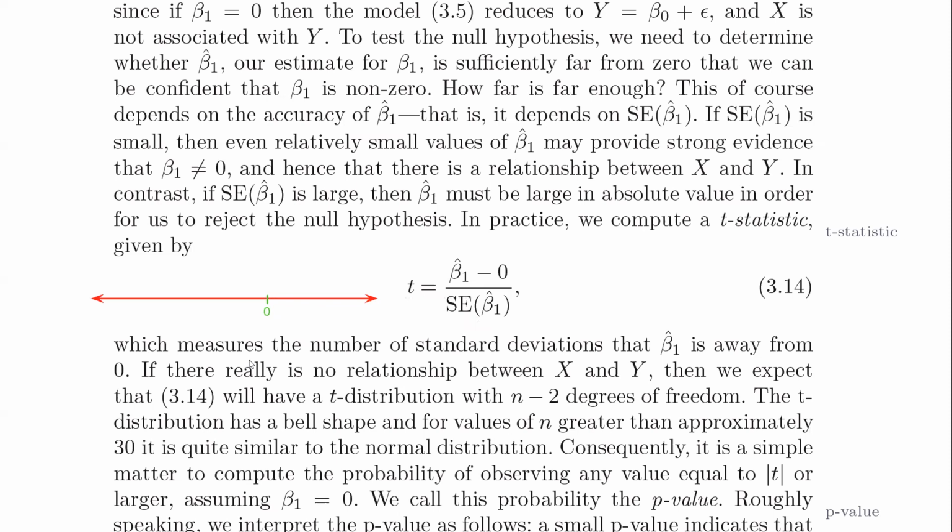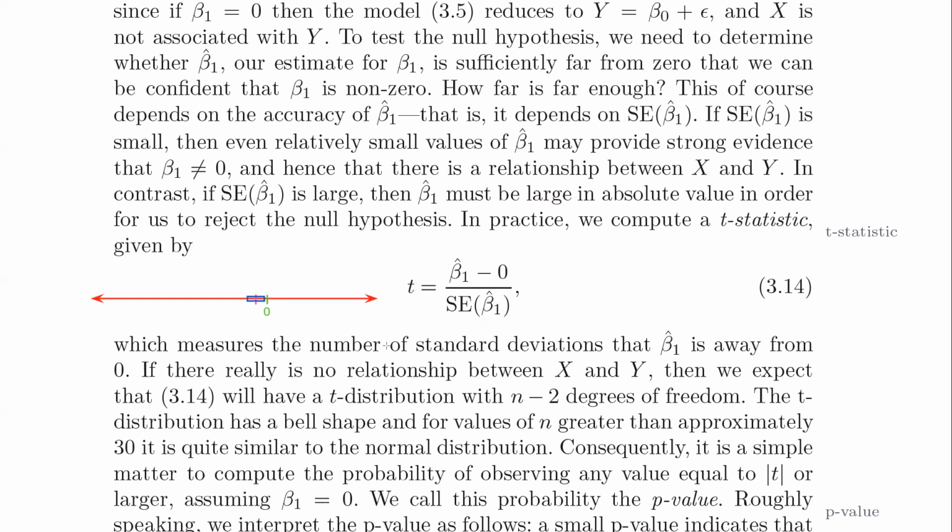But even if it's over here, if the standard error of beta 1 is also very small, then maybe the confidence interval will be something like this.